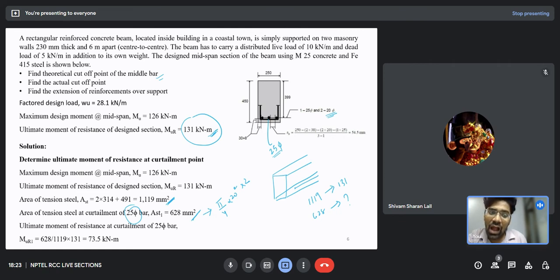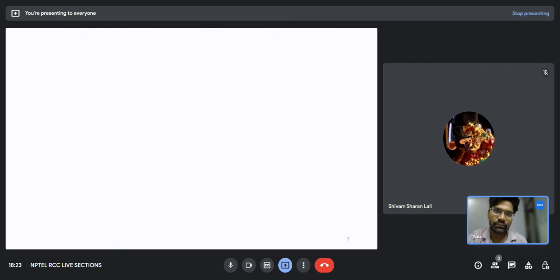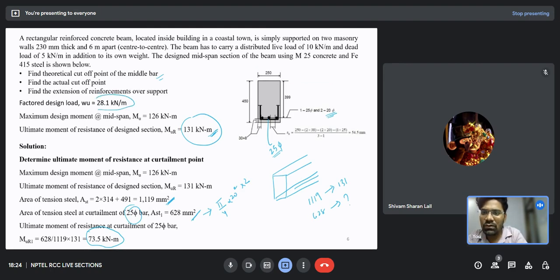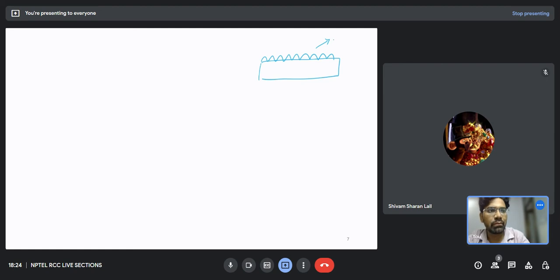So now we will have to find the position along the beam where the moment is this. Suppose I curtailed the bar already. Now for that curtailed section, my beam can resist only 73.5 kilonewton meter. So at what section of my beam is the moment of this value? That we need to find. So this is the beam, and in the previous slide they have given us the factored design load, which is 28.